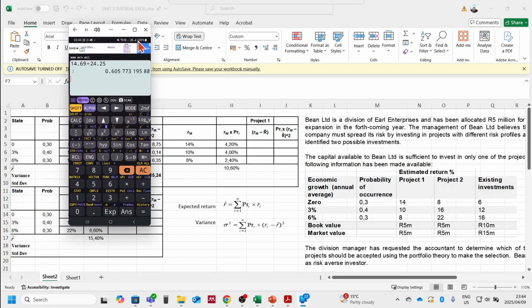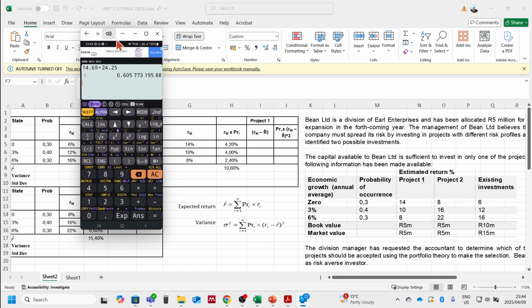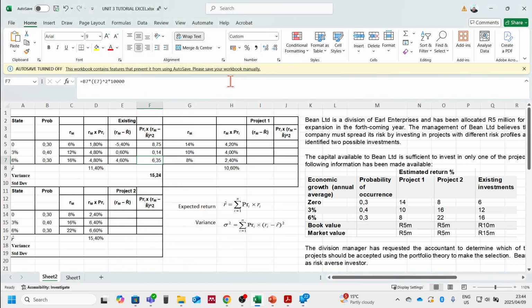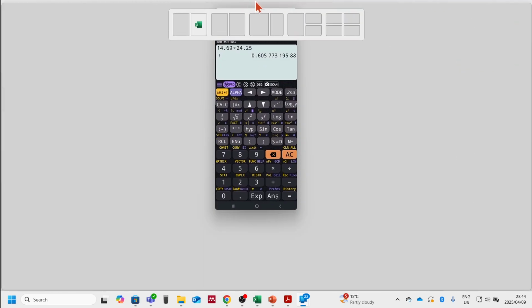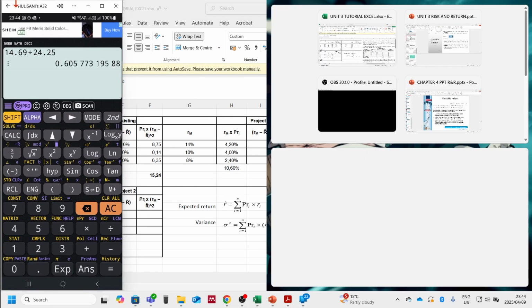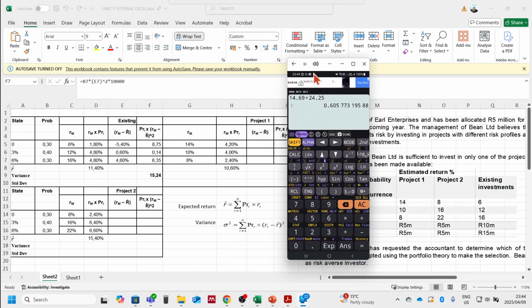I'm just going to move this to this side so that we can use it on the other side. Okay, I'm just going to use it the same way as it is.